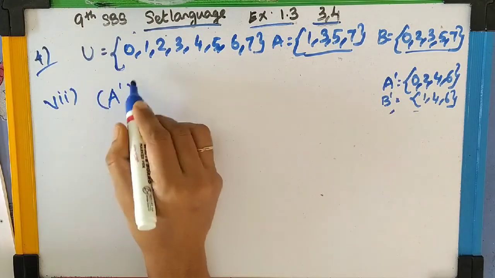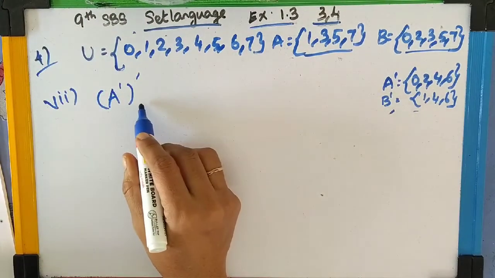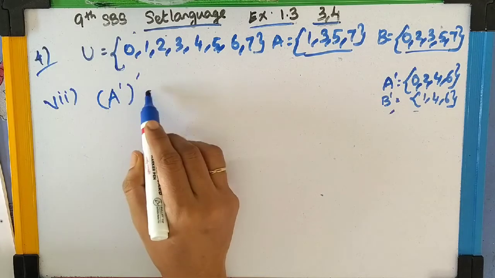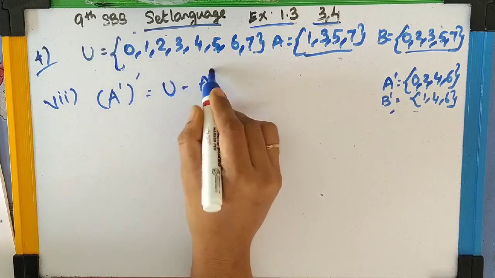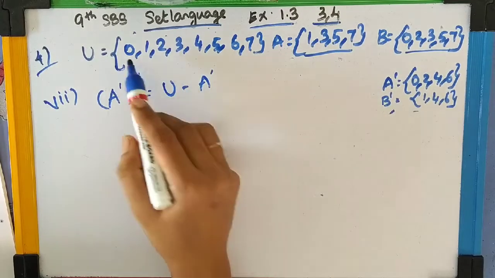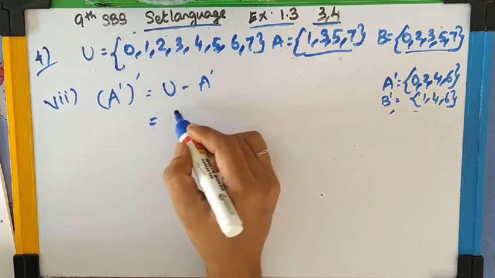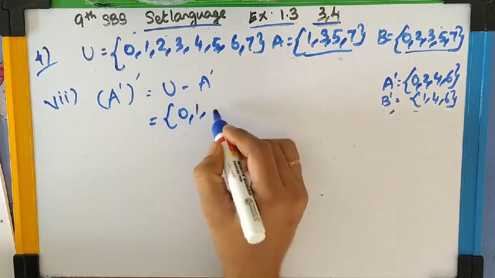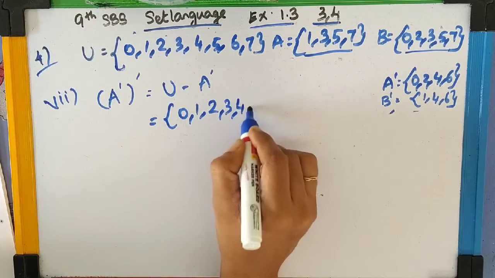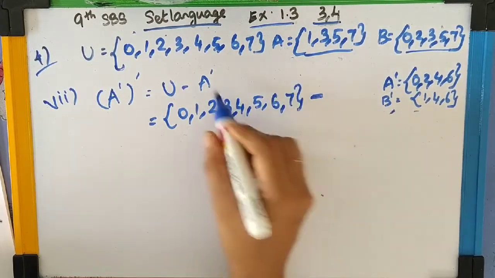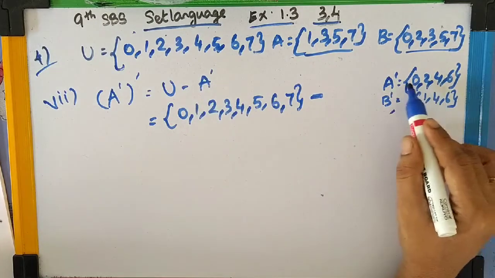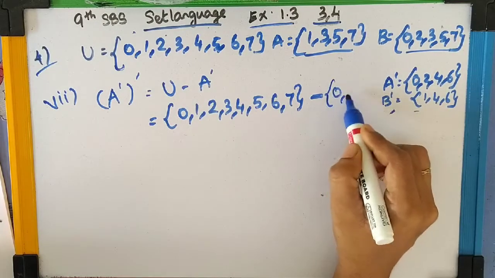Clear? Now what is A dash the whole dash? A dash the whole dash, that is except A dash. That is a universal set except A dash. So difference between universal set and A dash. What is the universal set? 0, 1, 2, 3, 4, 5, 6, 7, as it is in the question. Difference. What is the A dash we have found?